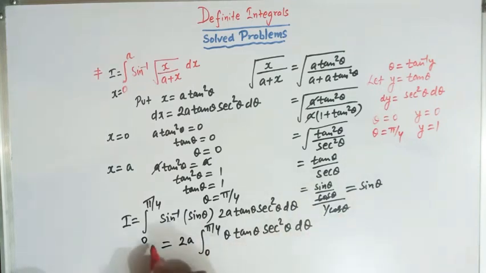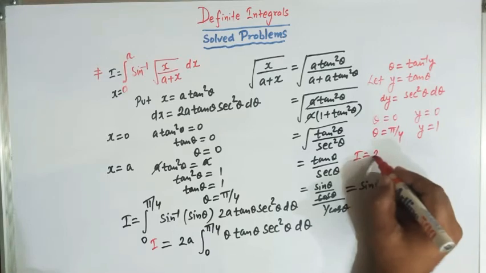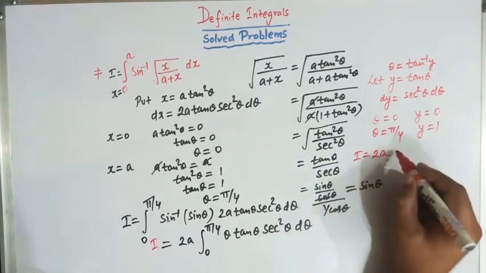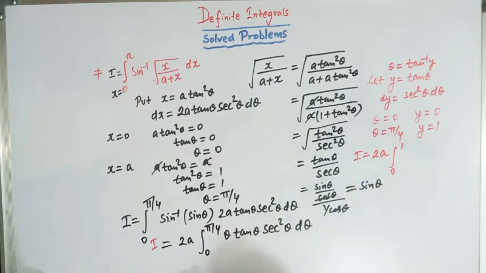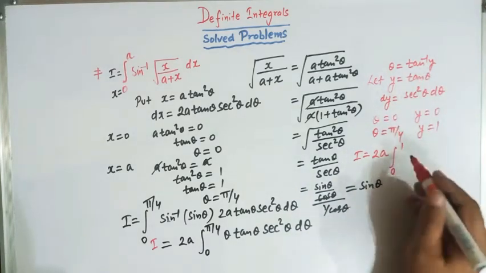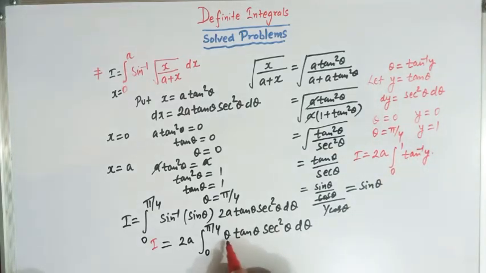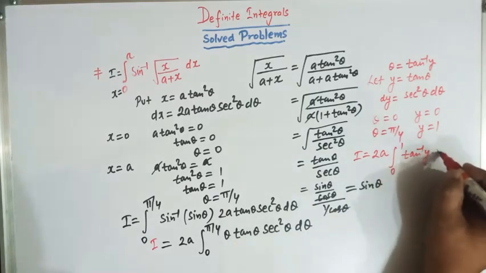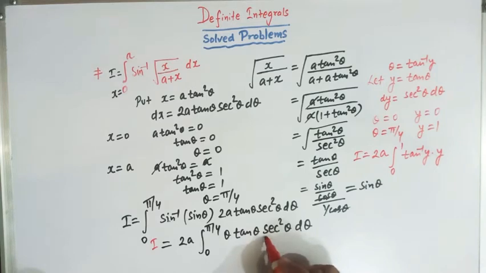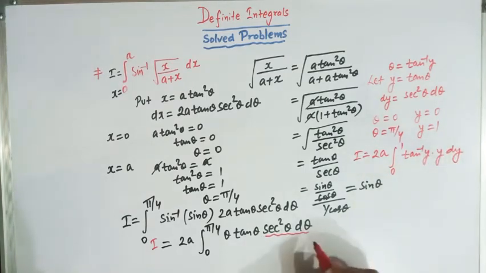So this integral I now becomes 2a, then we have 0 to 1, for theta we have tan inverse y, and for tan theta we have y, and for sec square theta d theta we have dy, right?